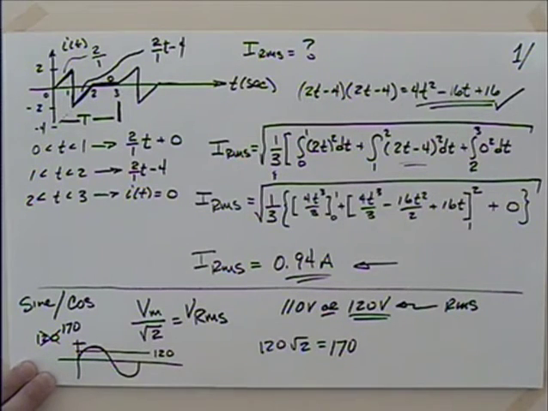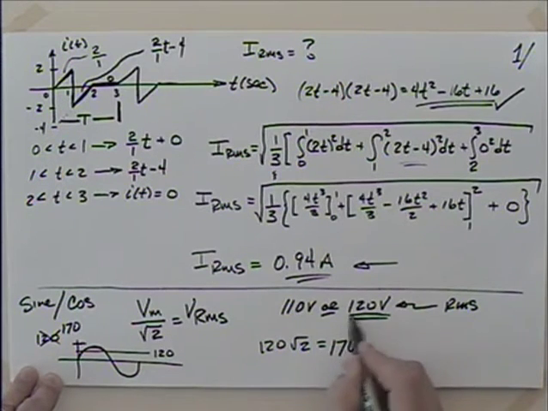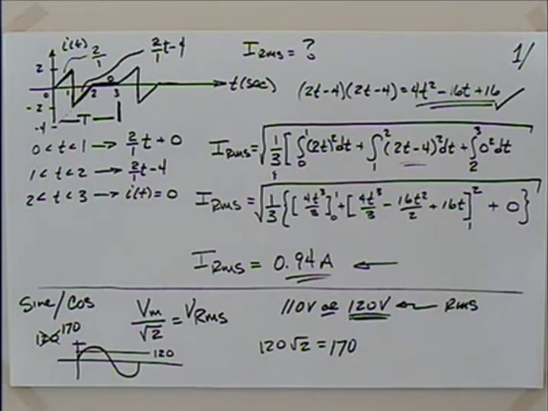But now you know that if your oscilloscope comes back at 120 volts and it's a sine or cosine, you should be able to make that coincide with what you see on the screen, right? Okay. Questions with that? Okay.